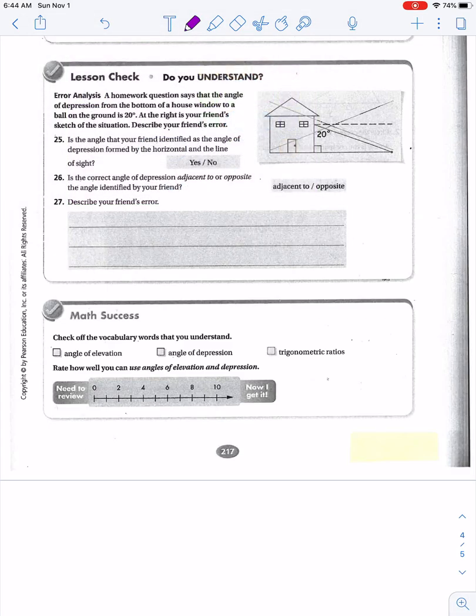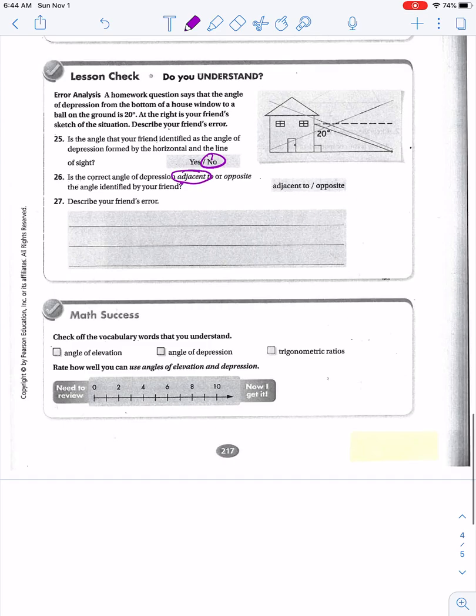All right, let's keep going here. Quick lesson check. You can pause the video and read this question. I'm going to just keep going along here. Is the angle that your friend identified as the angle of depression formed by the horizontal and the line of sight? I have no. This problem is not correct. Is the angle of depression adjacent?